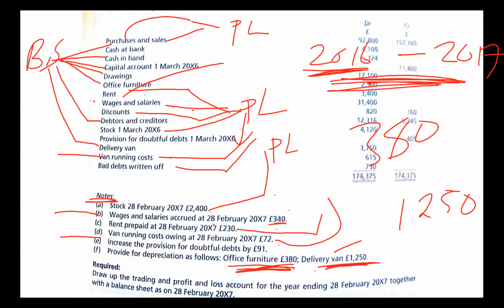So this is the value that has just been lost during this period that we are interested in, and this is the value that you record under depreciation in the profit and loss account. My point is that sometimes when you're given the trial balance, it can still have another depreciation here.